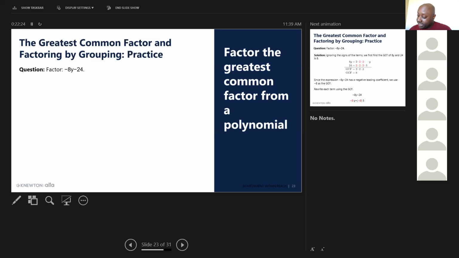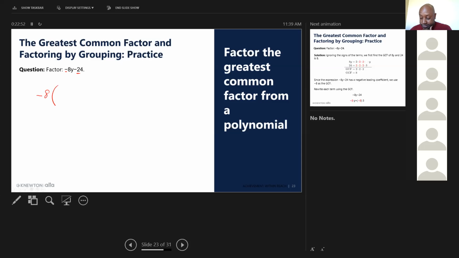Okay, next we're going to factor negative 8y minus 24. So looking at just the numbers, first let's underline negative 8 and then negative 24. Their greatest common factor, I can factor out a negative and I can factor out an 8.